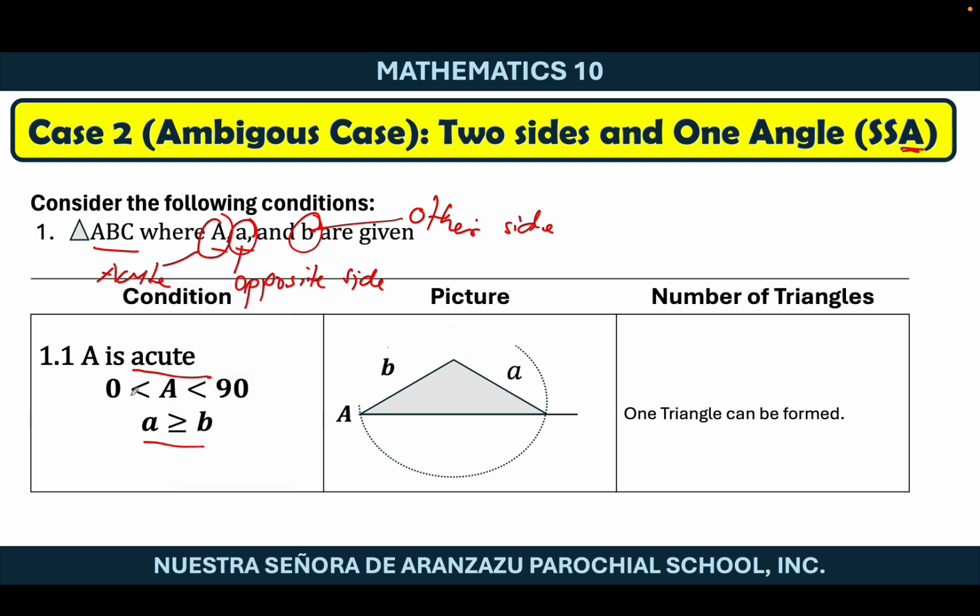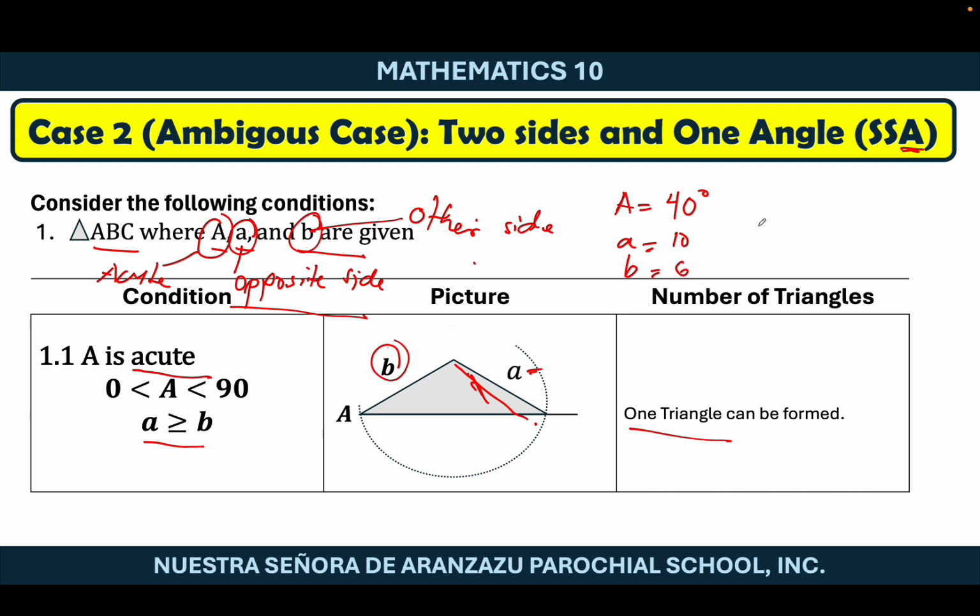Now, tingnan to. Sa first criteria, when your a is greater than or equal to b, or ibig sabihin, when the given opposite side is greater than the other side. Ito yung illustration niya. So, itong a na to, mas malaki compared dito kay b. So, kapag ganyan, one triangle can be formed. So, for example, ang given mo is angle A is equal to 40 degrees, a is 10, b is 6.